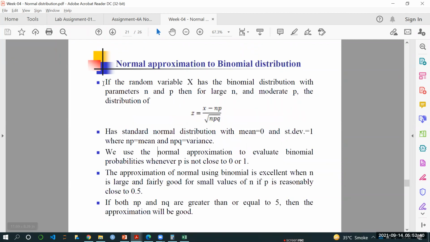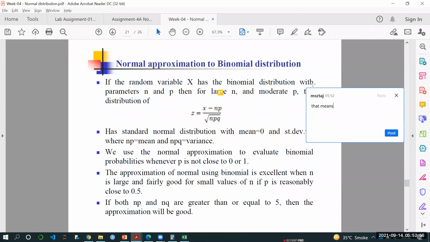If the random variable x has the binomial distribution with parameters n and probability of success p, then for large n, what do we mean by large n? Whenever it says large n, that means n is equal to 30 or 50 or 100 or more.